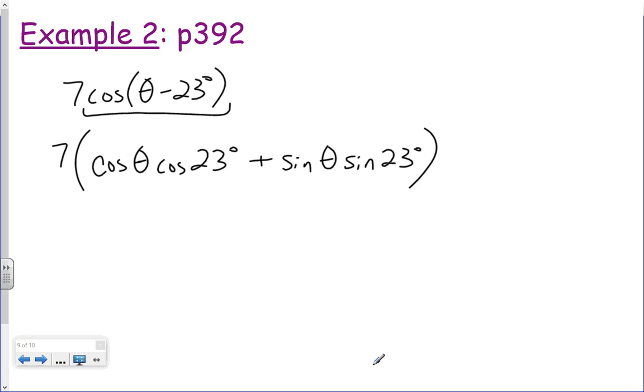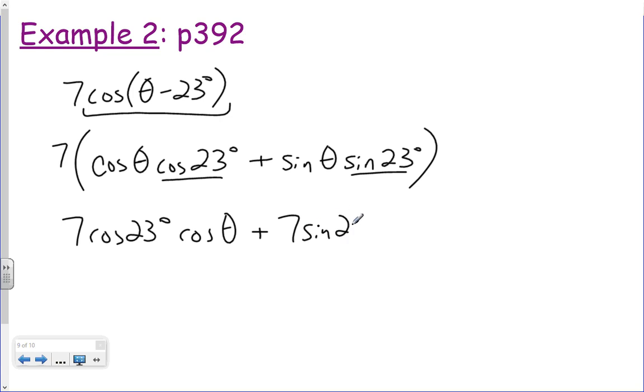Let's distribute the 7 through. In fact, as we do that, cosine of 23 degrees is just some number. If I plug that into my calculator, it would spit out some number. Same is true with this guy right here. So let's put the 7 and each of those together out front with these. So we've got 7 times the cosine of 23 degrees times the cosine of theta, plus 7 times the sine of 23 degrees times the sine of theta.